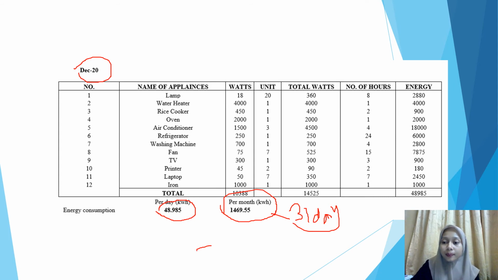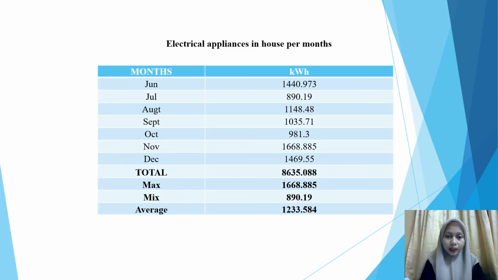So we calculate all the appliances in the house, including the iron, lamp, freezer, air conditioner. So this is the total kilowatt hour we get per month. What we see on June, the kilowatt hour is 1,414. In July, 819.